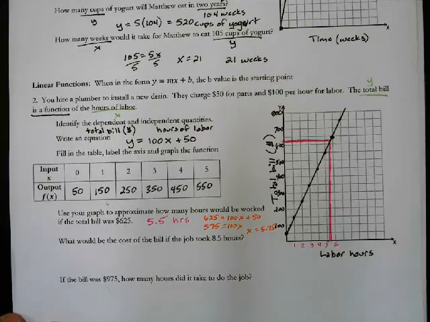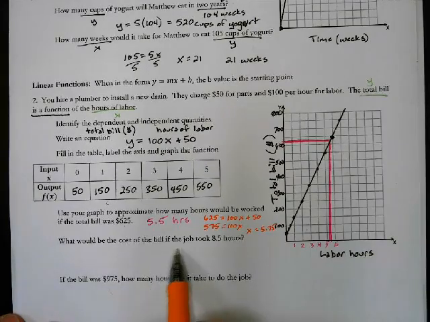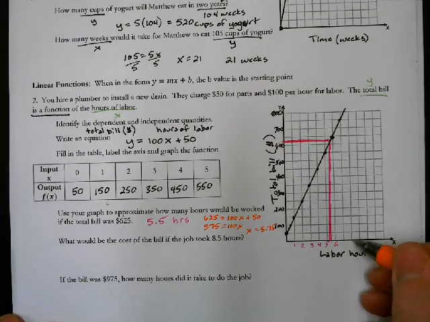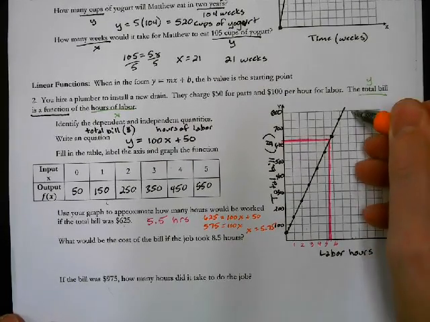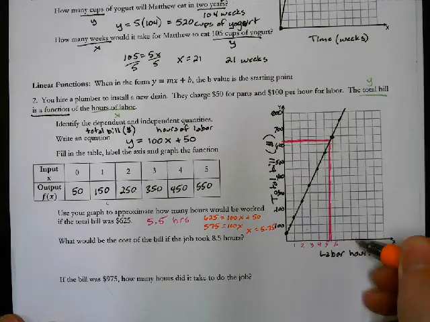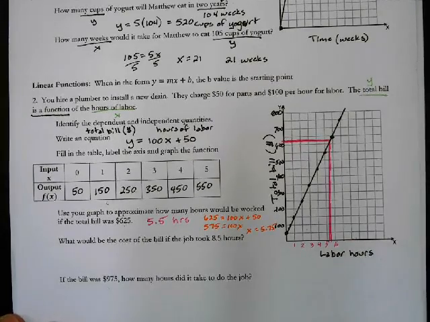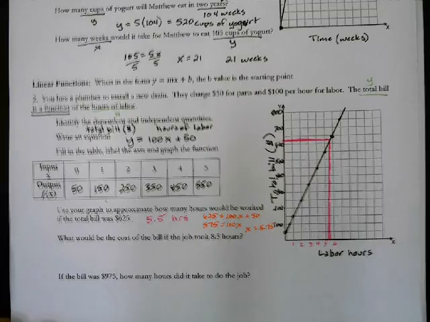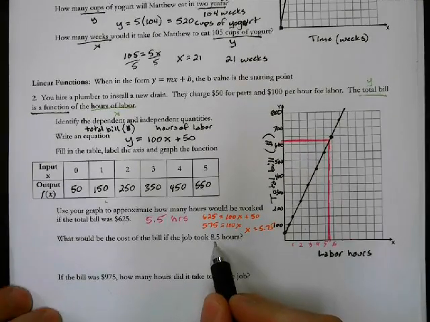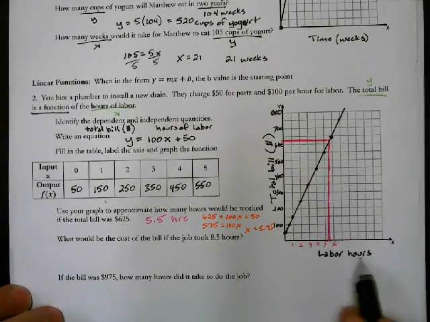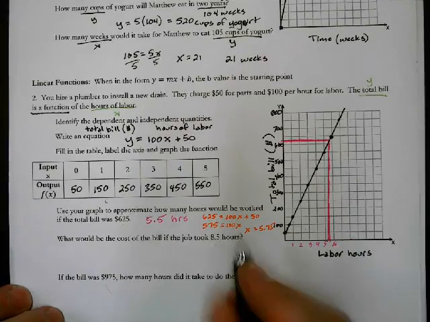What would the cost of the bill be if the job took 8.5 hours? All right, so 6, 7, 8.5. All right, that's off my graph. So I can't really use my graph to prove this one or to disprove it. So let's just plug 8.5 hours into our equation. Remember, hours was the x, so I'm going to plug 8.5 into our equation for the x.